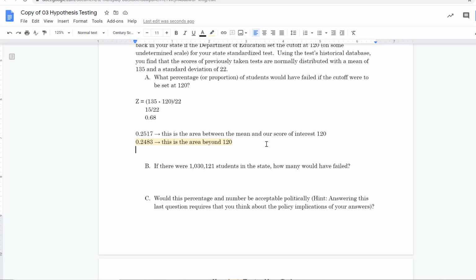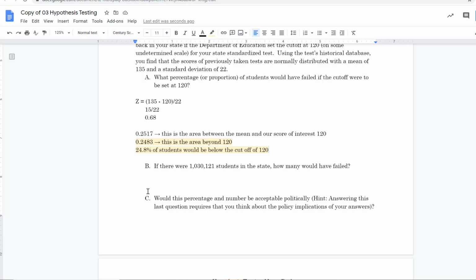So we would say there is 24.8% of students would be below the cutoff of 120. In essence, almost 25% of the students who take this test would fail. They would be below that cutoff and potentially held back.